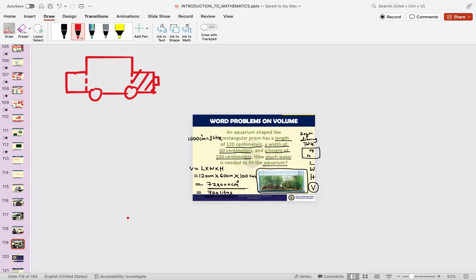Then this is the boot. This is where you put your goods. And this is where the human beings are sitting. So if I say calculate the volume of this car, it is very easy. You have volume 1, volume 2, volume 3.